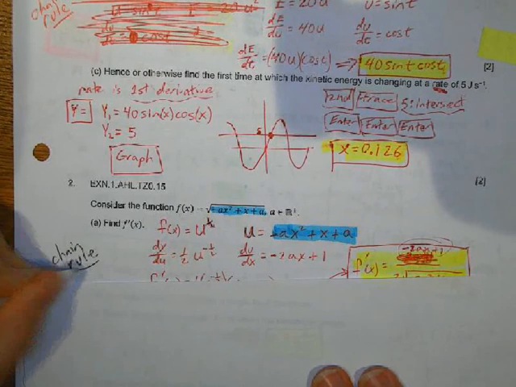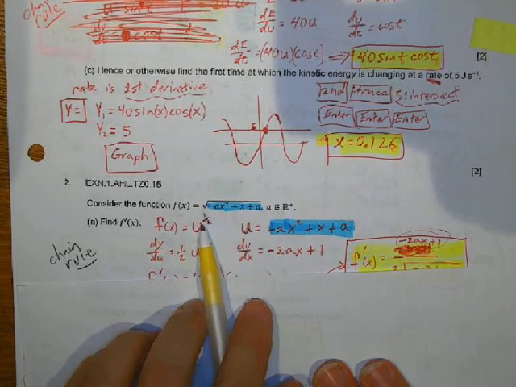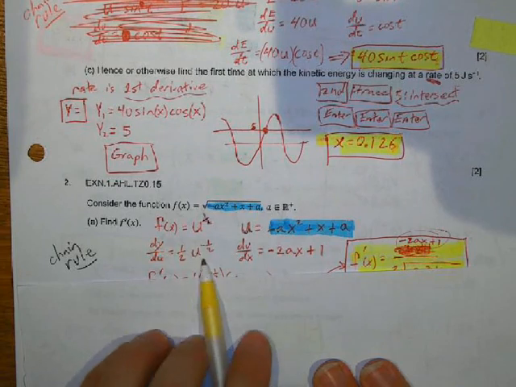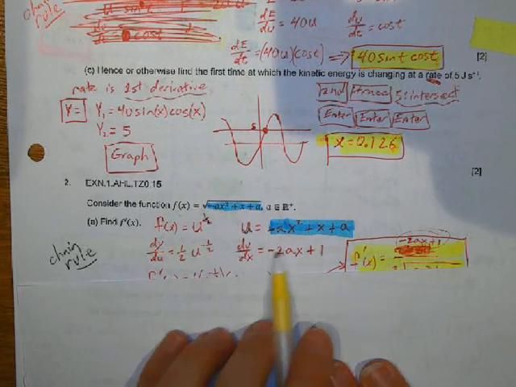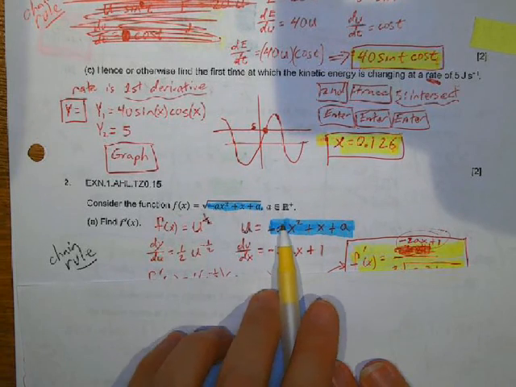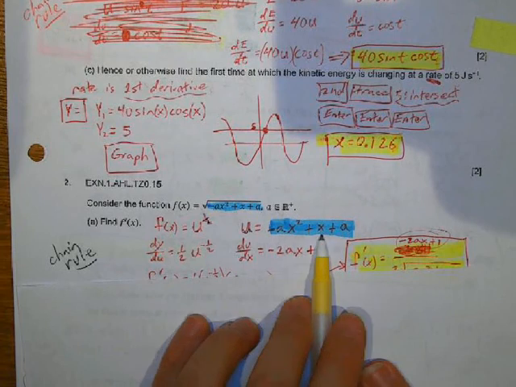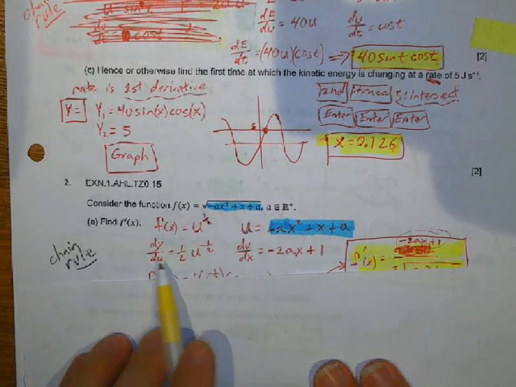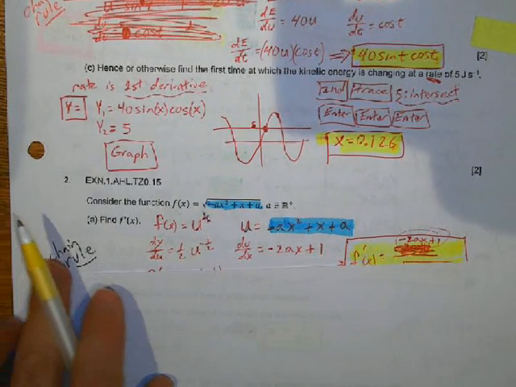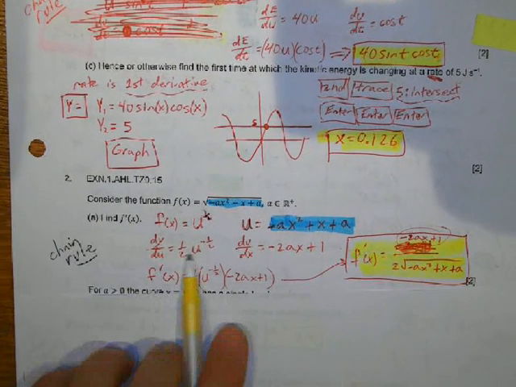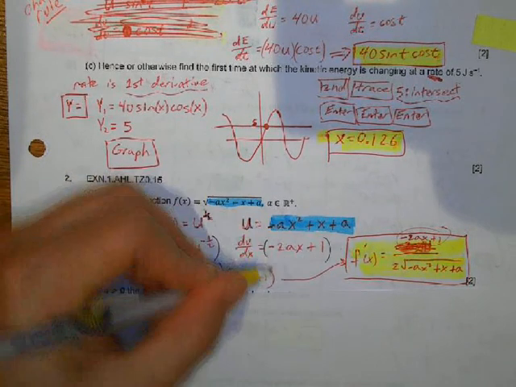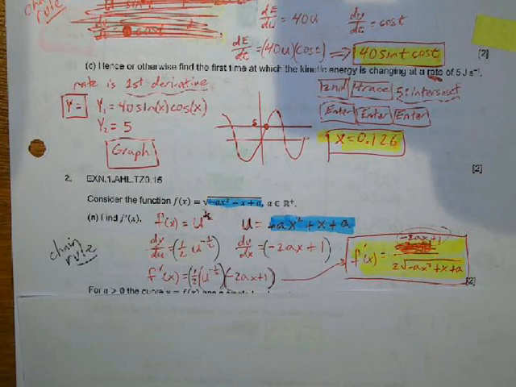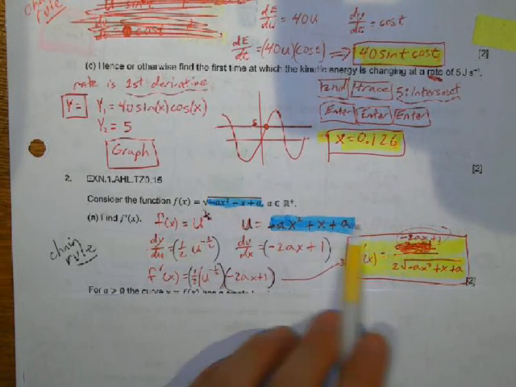The derivative of u to the 1/2: 1/2 comes to the front, and the derivative of that gives me u to the negative 1/2, and du/dx gives me negative 2ax plus 1. Using the chain rule, the derivative is equal to this stuff times this stuff. Finally, I'm going to replace u with this blue stuff here.